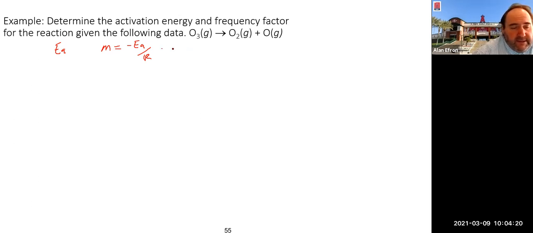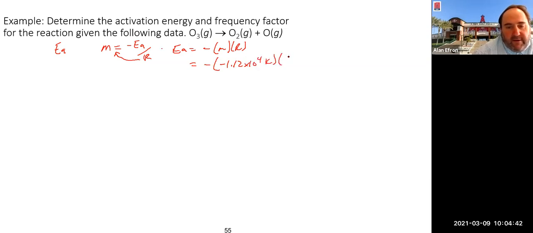So basically Ea would equal minus the slope times R, if we rearrange it, multiplying R to the other side, and the negative as well. Putting that in gives us negative, and again, our slope was negative 1.12 times 10 to the 4, times our R, 8.314 joules per Kelvin per mole.